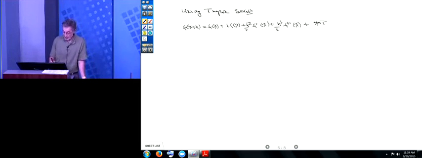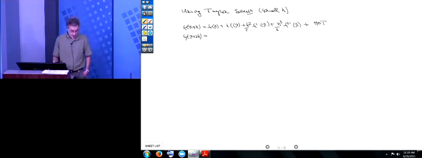If h is small, we can also find f of x plus 2h. In other words, we have to expand this over an approximate distance of 2h, again about the same point, f of x.